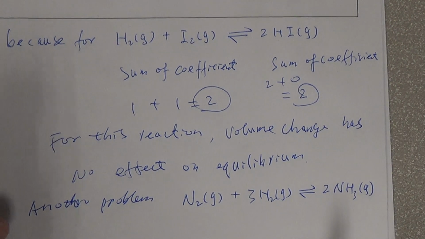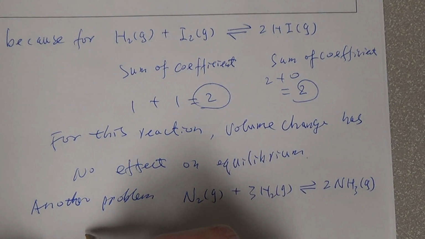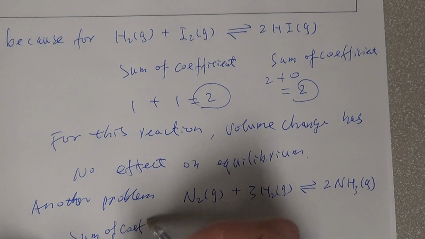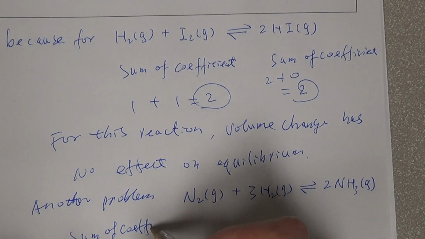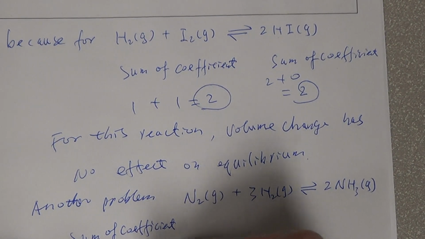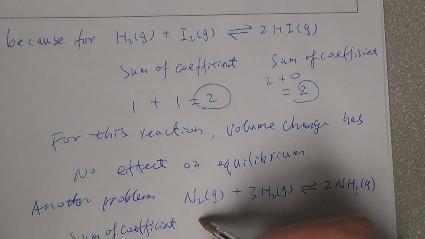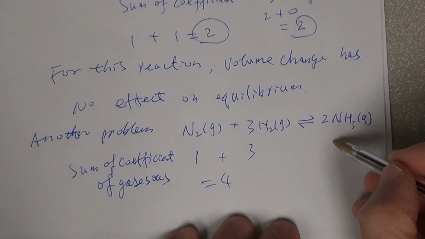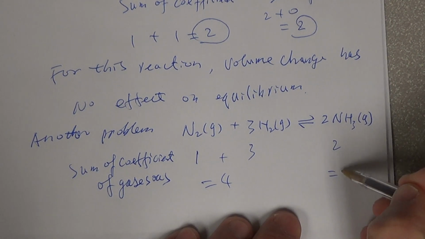And this one, let's see what is the sum of the coefficient of gases. So here's 1, here's 3, so 1 plus 3 is 4, and here's 2, so therefore is 2.